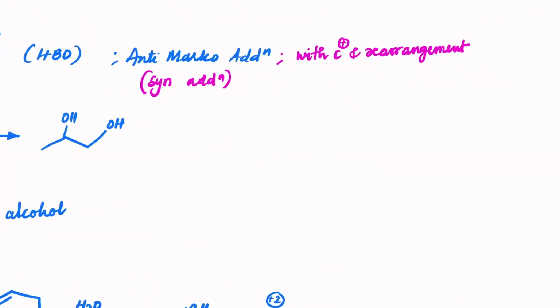For example, let me show you here. In case you have a methyl double bond here like this, and then I'm treating this with B2D6 in the presence of H2O2 and OH minus, then the products which will result will be like this. If methyl is here, then hydrogen should be here, and the added groups would be going inside.